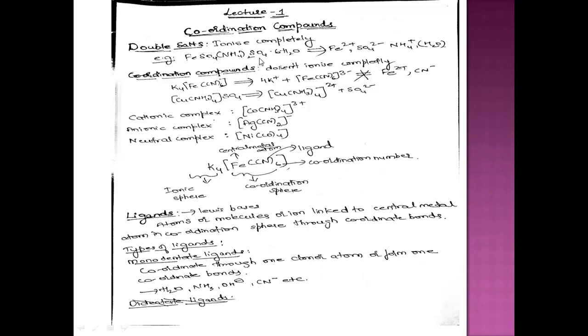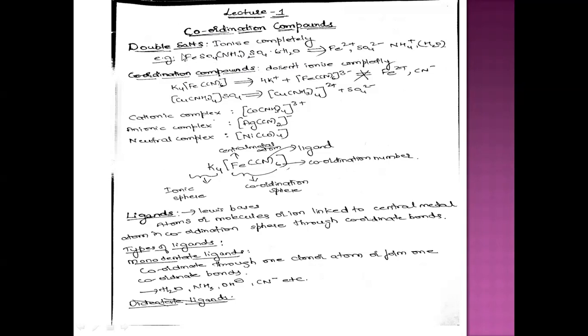When this Mohr salt is dissolved in water, how do the ions come out in the solution? In this compound there are individual ions present. Iron is present, sulfate is present, ammonium is present, and H2O is present. When it is dissolved in the solution, all these ions which were in the neutral form come out as their respective ions.